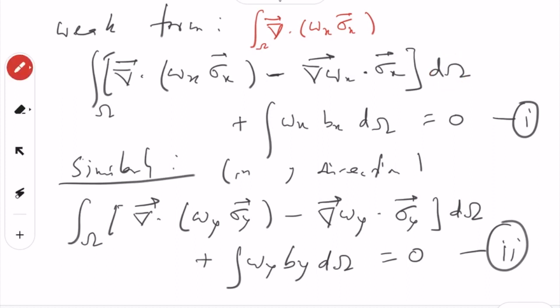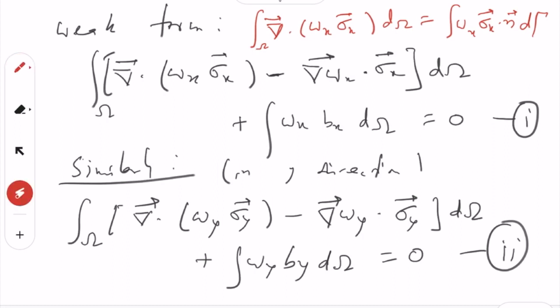So this d omega will be equal to simply, we have to just replace this with n, right. So this will be n dot like this, or this dot n. So it will be simply wx sigma x dot n d gamma, and this will be the closed integral.